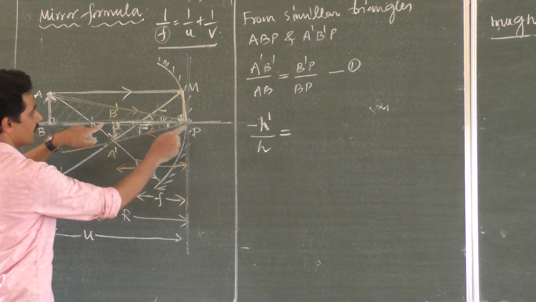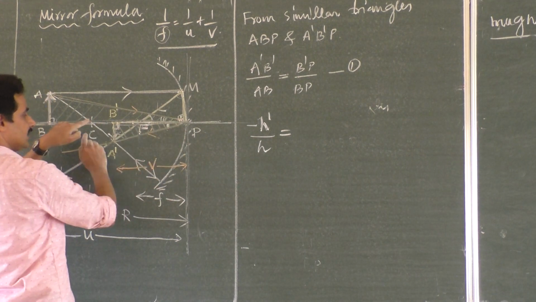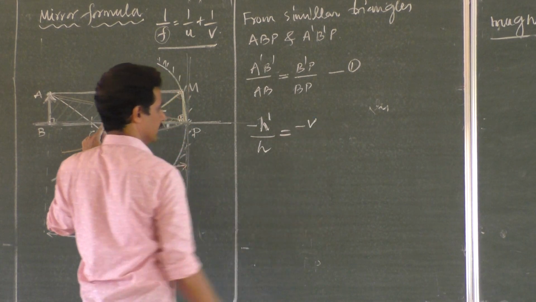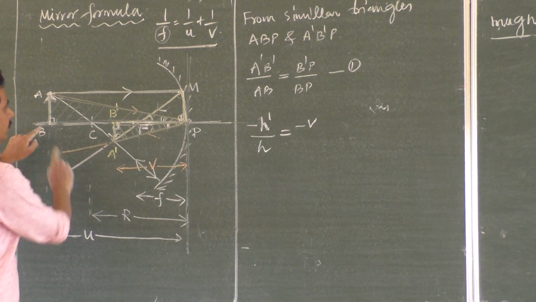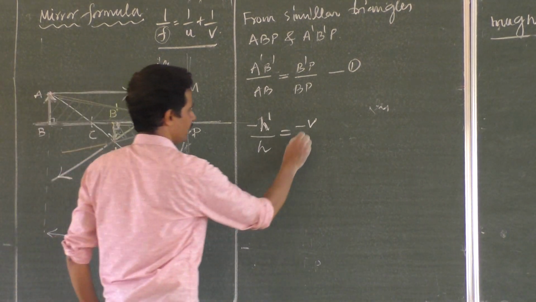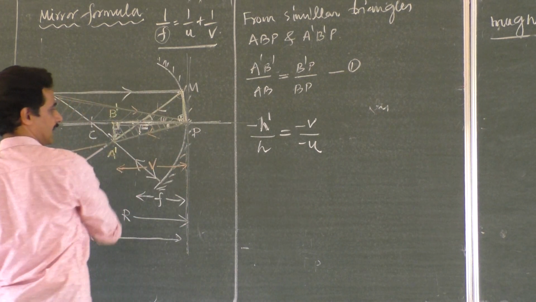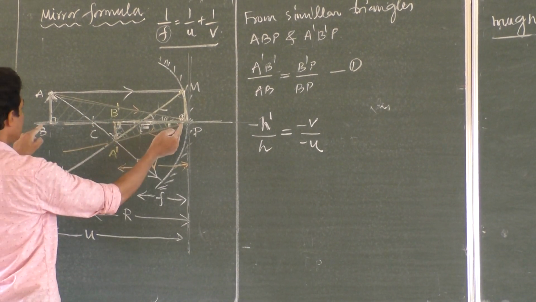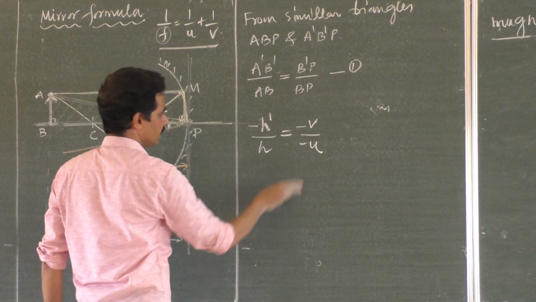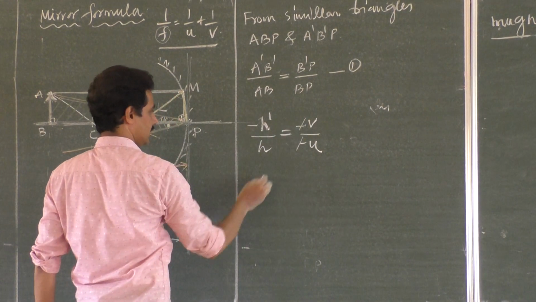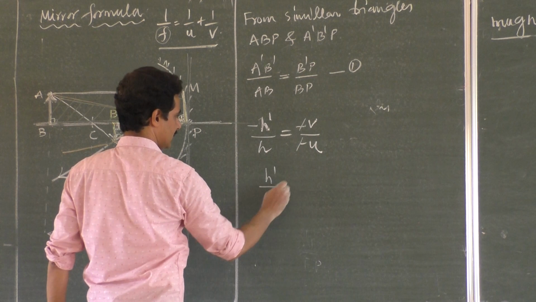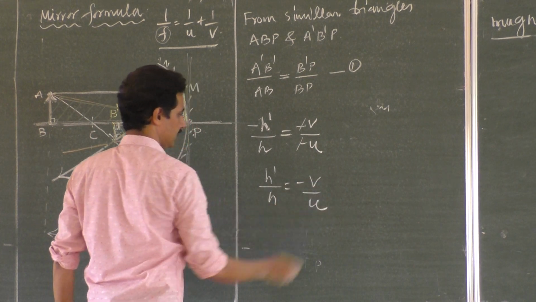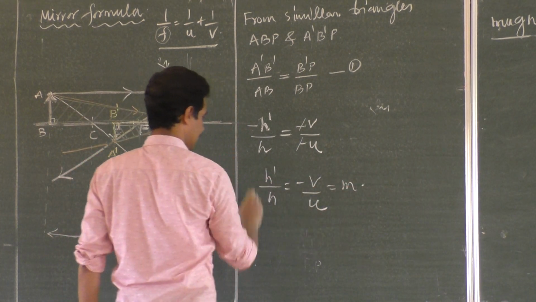B dash P is the distance of the image, but it is on the left hand side, minus V. And BP is the object distance, it is minus U. That is also on the left hand side. So now this minus gets cancelled. Put it here. So H dash by H is equal to minus V by U, and that is magnification.